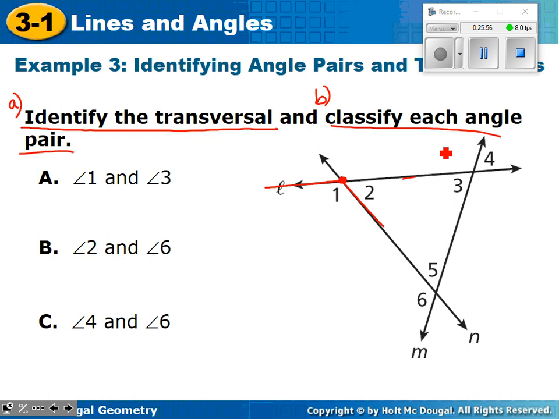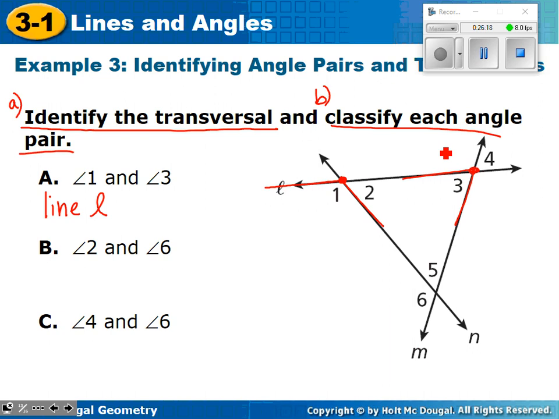Then go to angle 3, pick out its vertex. The line that connects those 2 points is the transversal. So line L. And remember to name a line, you can say the word line and then use that little lowercase cursive L out to the side. It is not a point on your line, it's just a way to name your line. Is everybody with me that that's line L?